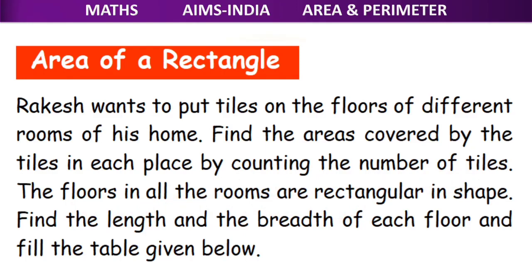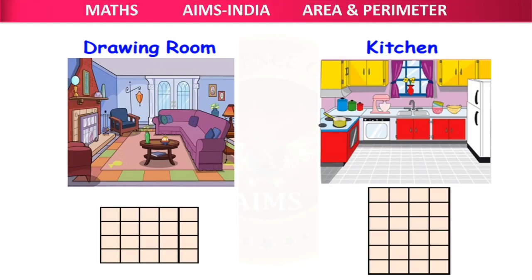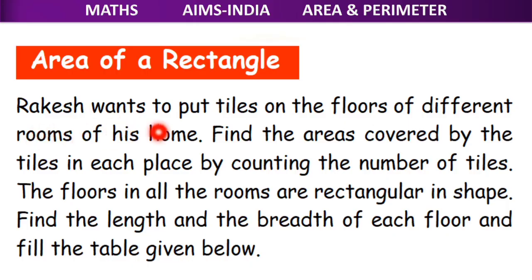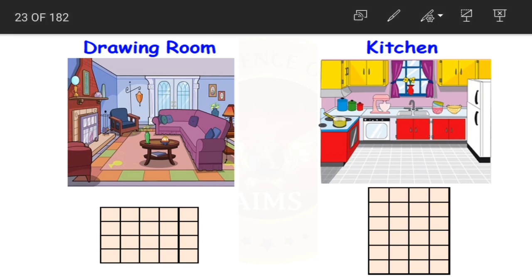Now find the length and breadth of each floor and fill in the given table. What are they saying here? Our Rakesh wants to put tiles. What are tiles, children? See, are you looking at this here? Little squares, colorful squares. Now these are nothing but the tiles. We use tiles in our bathrooms, kitchens, and in all our areas.